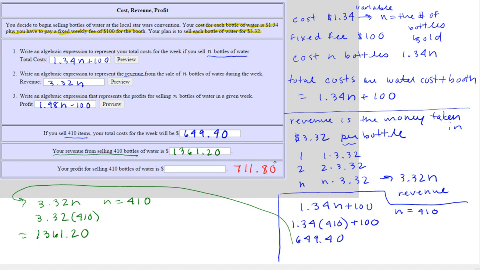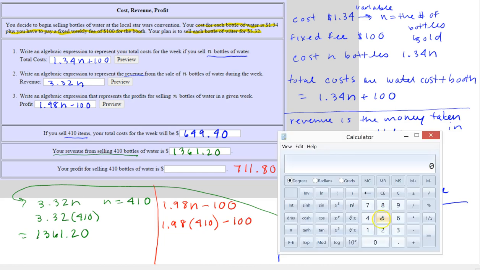Okay. But now let's just verify this using our profit equation. So our profit equation says that we make 1.98 times the number of bottles minus $100, replacing N, the number of bottles, with 410. It'd be 1.98 times 410 minus 100. And let's just use the calculator for this.